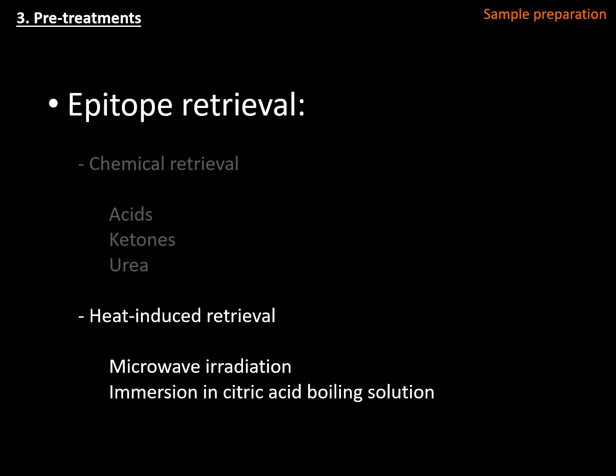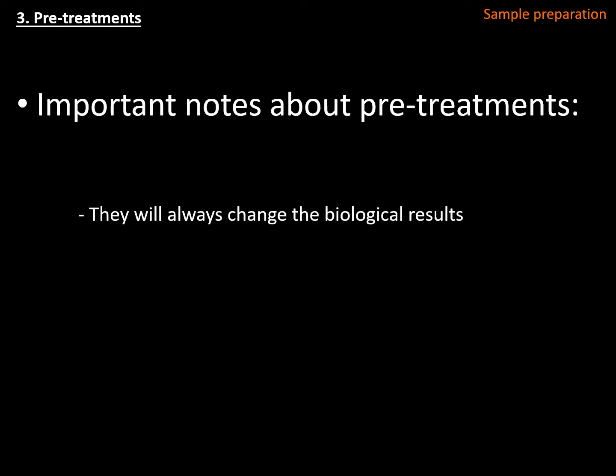Too little might not do anything to your epitope. Too much could also induce a different conformation of your epitope that becomes impossible to detect. So you really have to find the sweet spot of time for this type of treatment in order to have the best result possible.